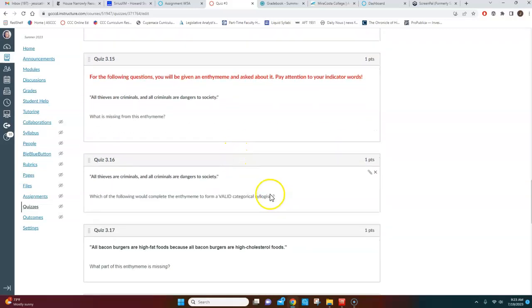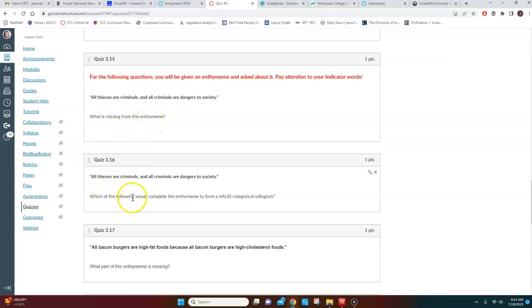And then back to what I was saying before. Notice that these 2 examples of an enthymeme are exactly the same. This pattern will repeat itself. So let's go through this one. All thieves are criminals, and all criminals are dangers to society. First you're asked, what is missing from this enthymeme?